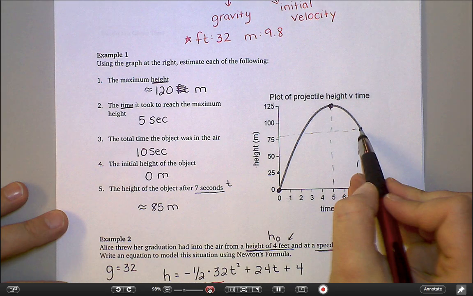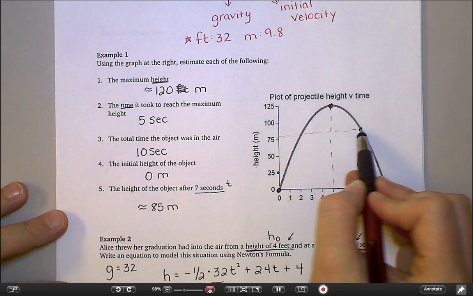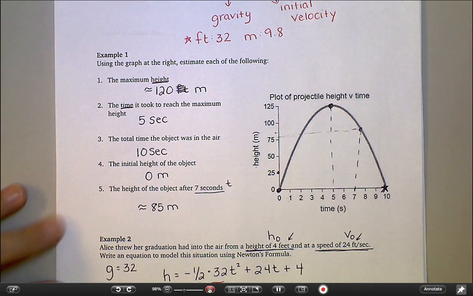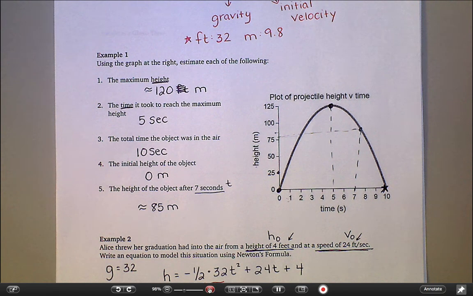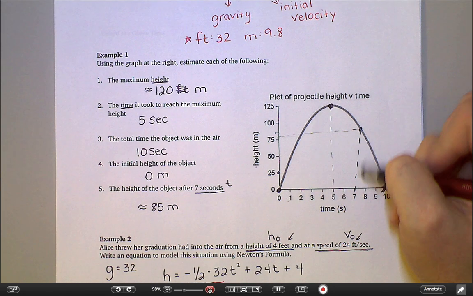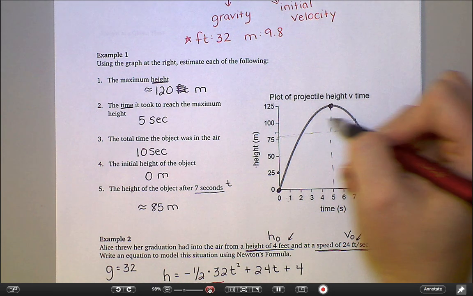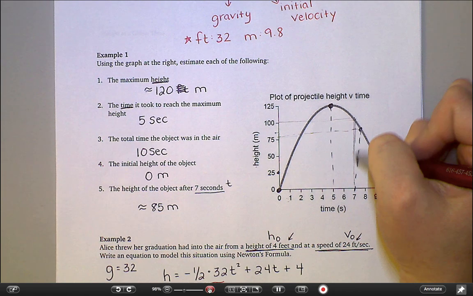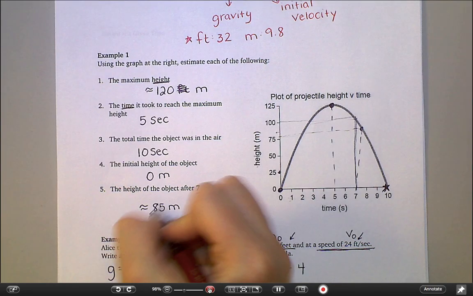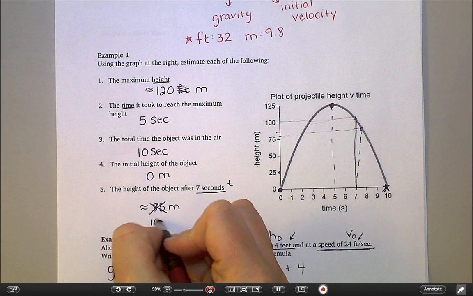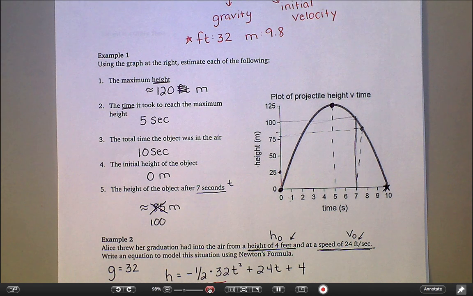Okay, just an estimation off the graph. I can see my line slant downward here, so I don't know, maybe 85 or so. Okay, so those are just estimations off the graph there. Even this line, kind of diagonal, probably closer to 100, quite honestly. Yep, I would say probably closer to 100. Sorry about that. But yeah, that's all there really is to this.